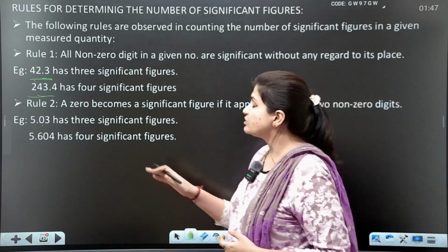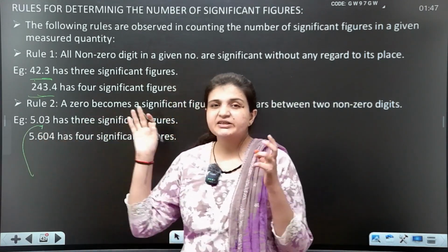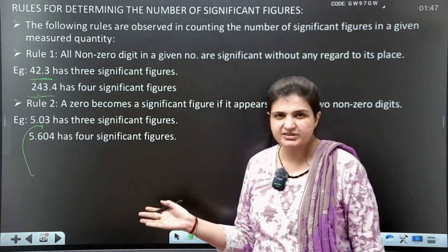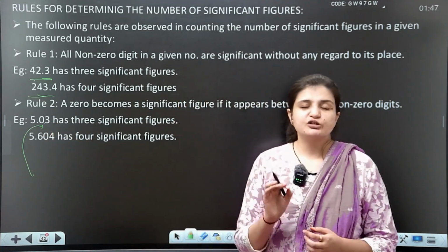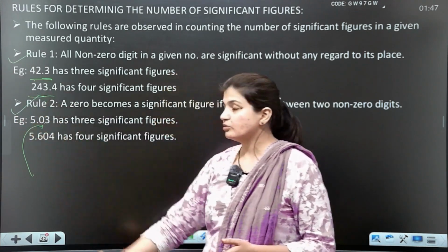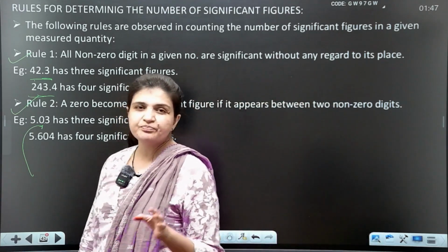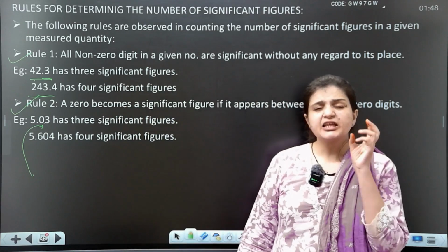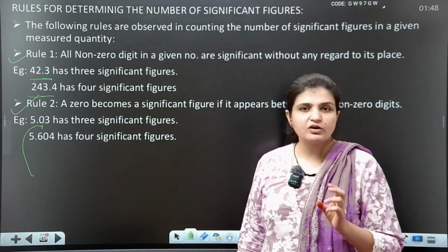But if there is a 0 in the middle of the digits, that will also be counted. So this is the first rule, and this is the second rule: if the 0 comes between non-zero digits, it will also be counted.